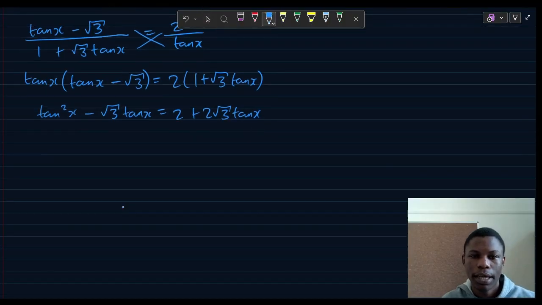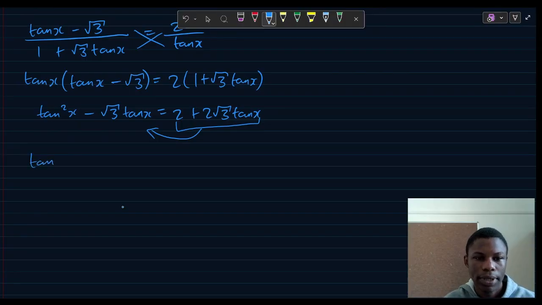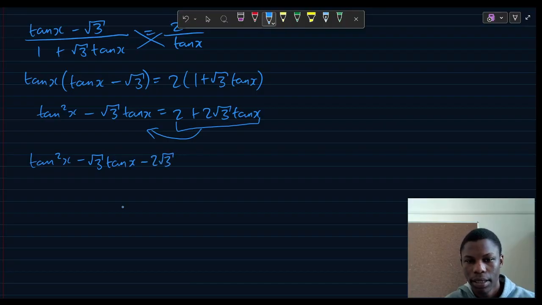And let's put everything on one side, so I'll move the right to the left. Tan squared x minus root 3 tan x, and we've got minus 2 root 3 tan x. And then the 2 becomes negative, so negative 2 is equal to 0.